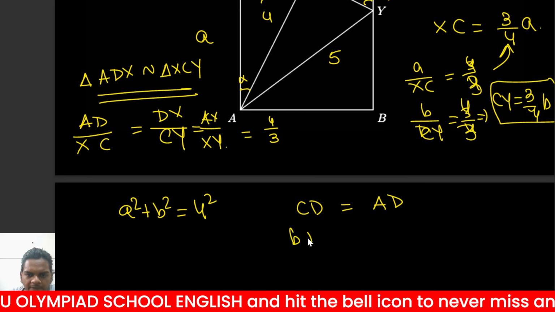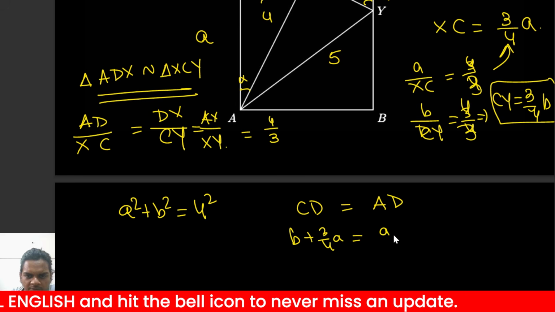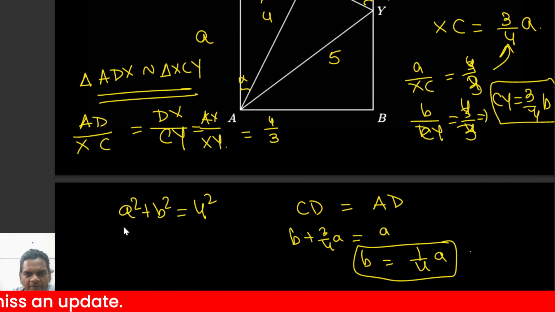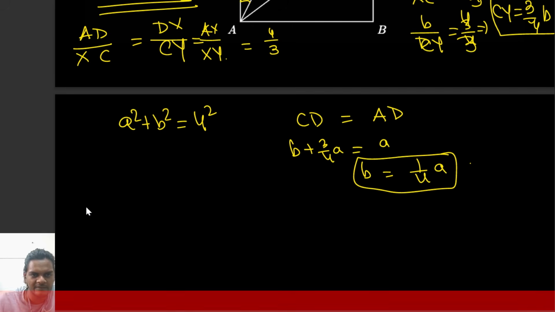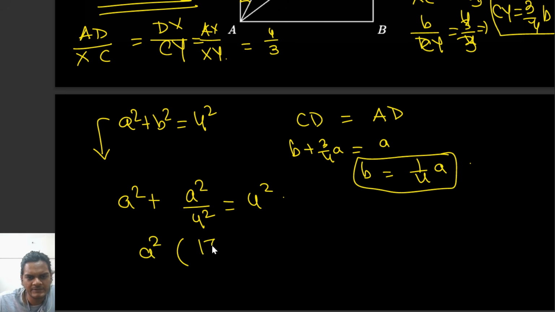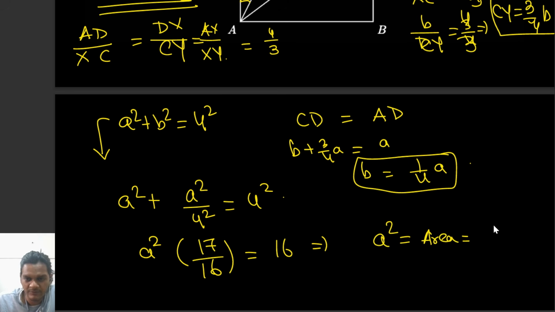That means B plus 3/4 of A has to be equal to A. So B is simply 1/4 of A. So from here we'll get A square plus A square by 4 square is equal to 4 square. So basically A square into 17 by 16 is equal to 16. A square, which is the area, is equal to 256 by 70.